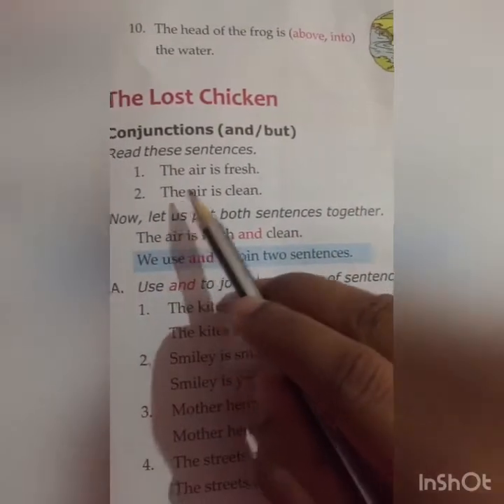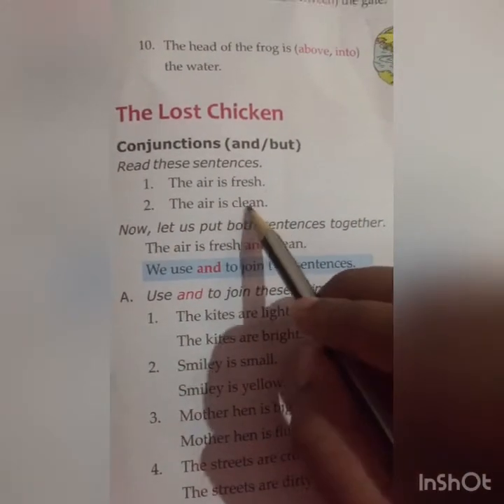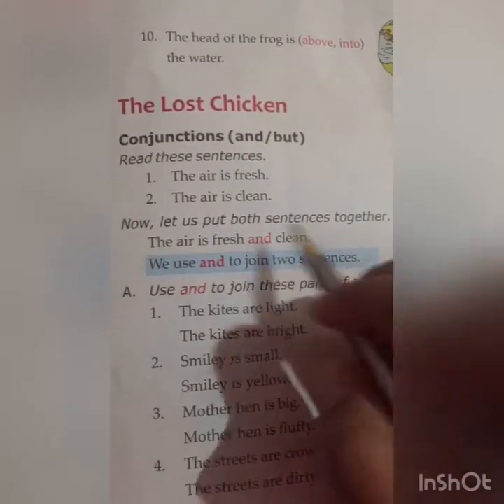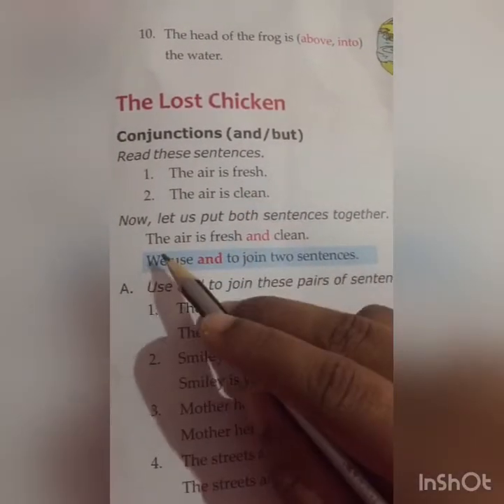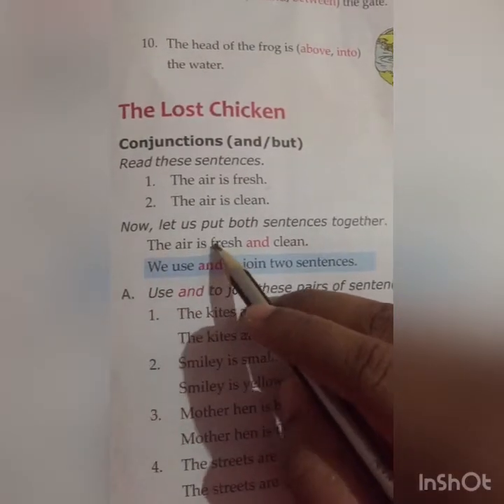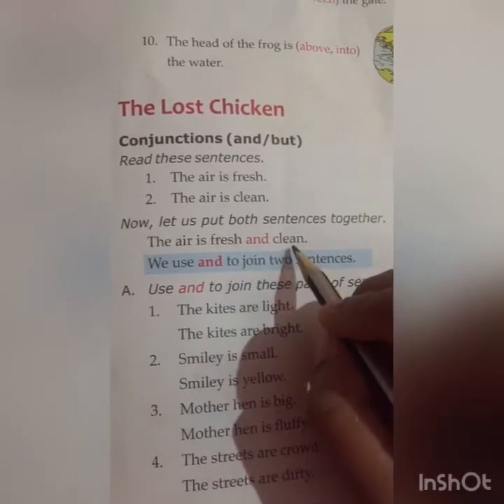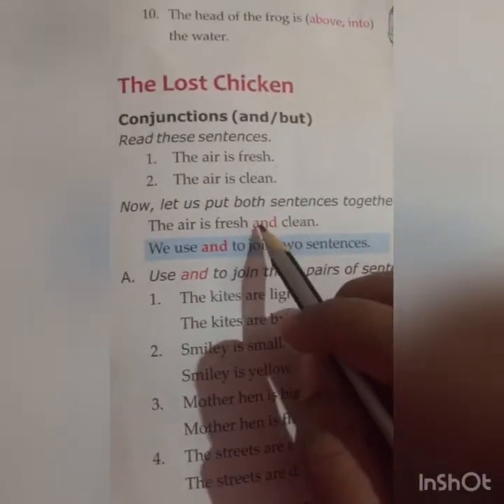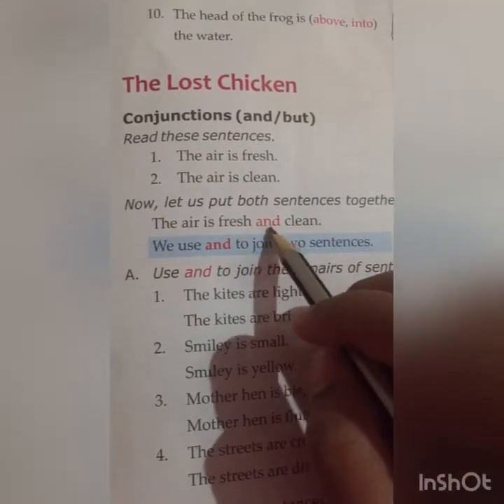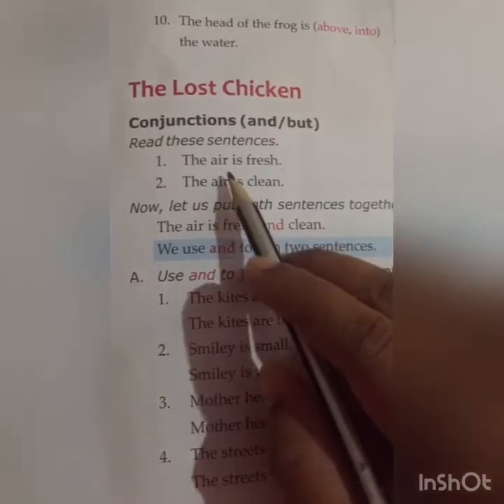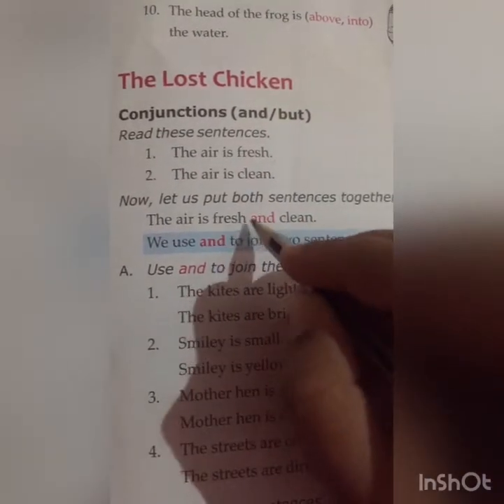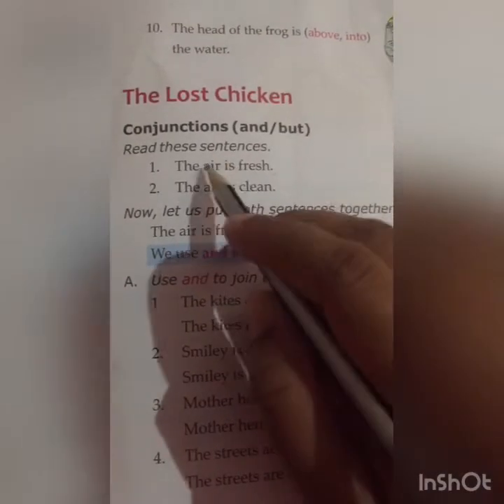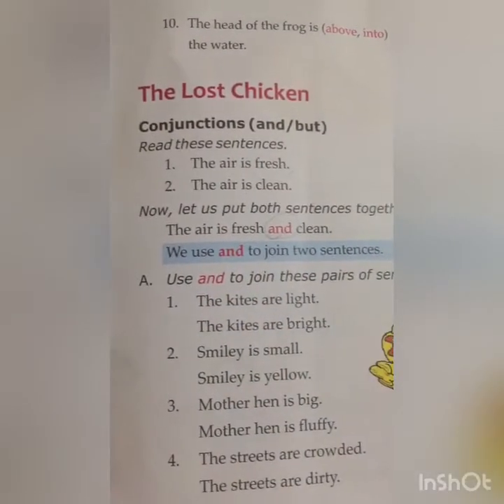Again we read the air is clean. Now putting both sentences together, how do we read this? The air is fresh and clean. Here we have used and to join these two sentences.